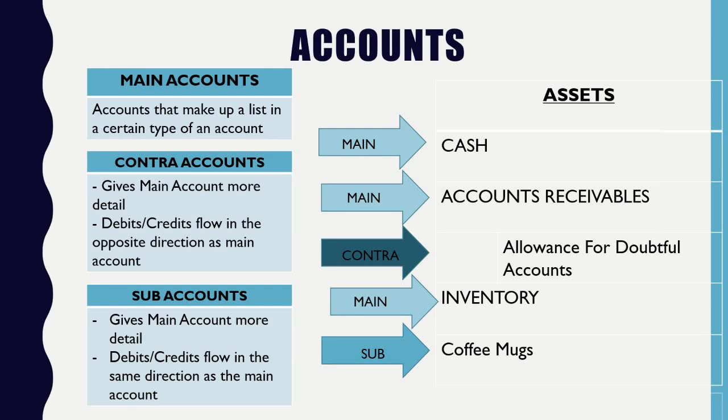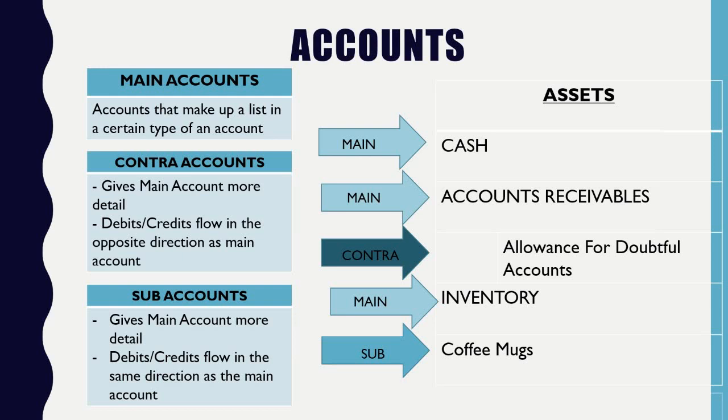Now again, after creating these, they are going to typically flow in a certain direction, and we'll talk more in depth on what I mean by this when we get to our accounting model.